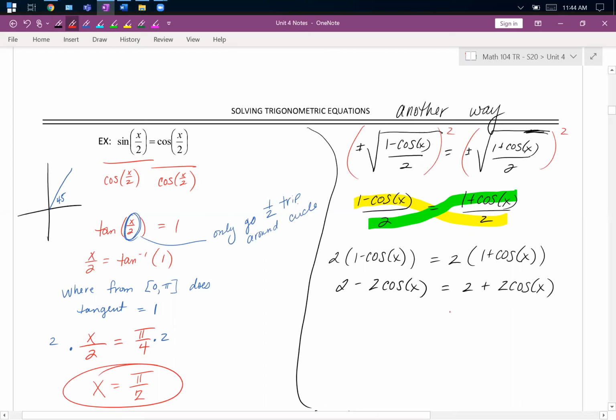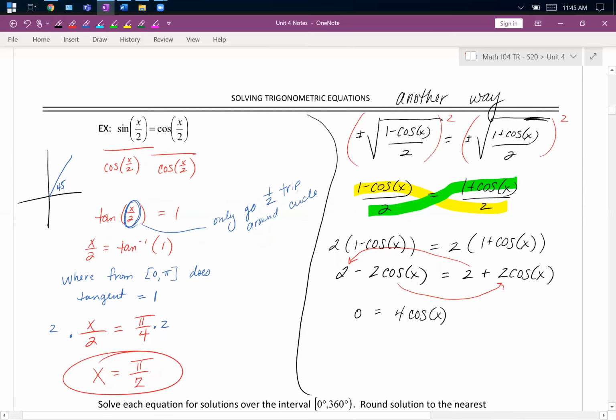So I'll move this over here with those ones and move this over here with that constant. It's going to leave us with 0 is equal to 4 cosine.